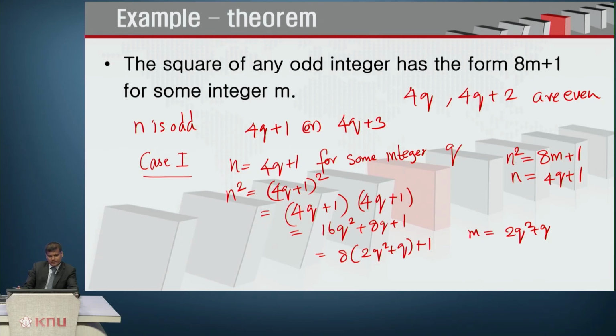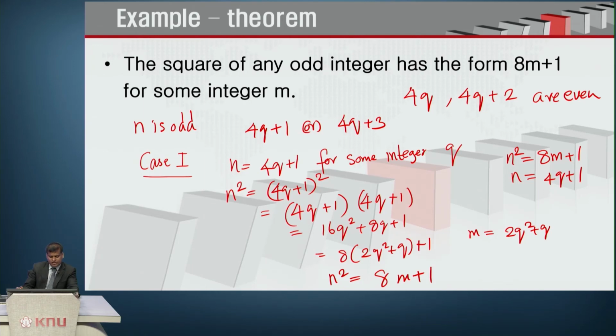So just by simple substitution method, you can simply write it as n square equals 8m plus 1, where m is an integer. So it's kind of a simple proof for our given example.